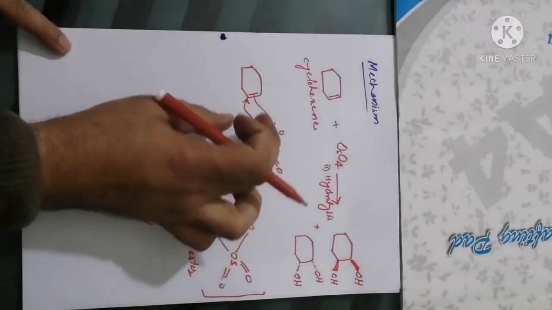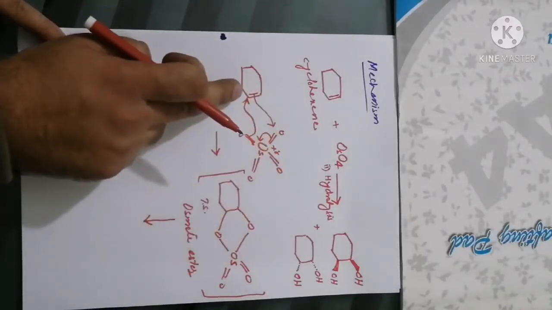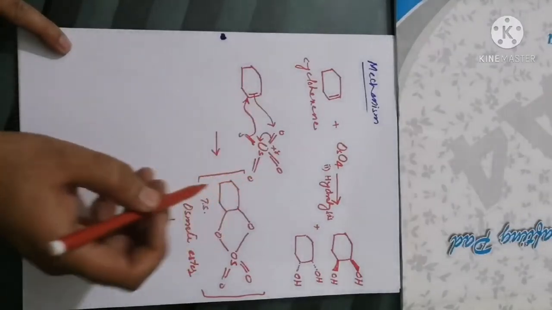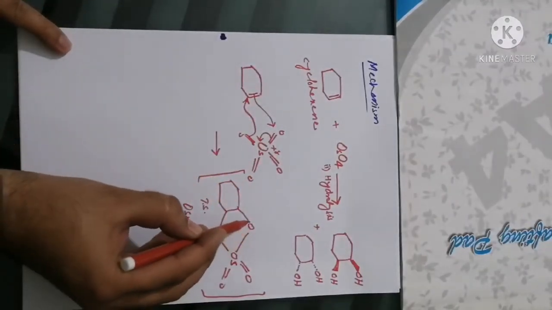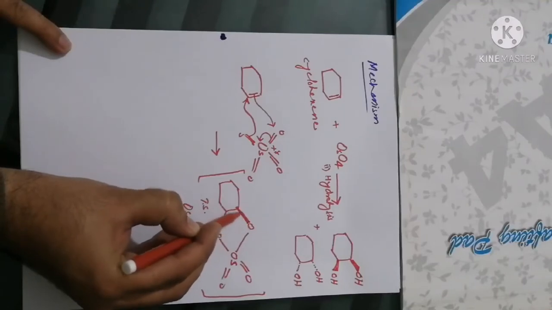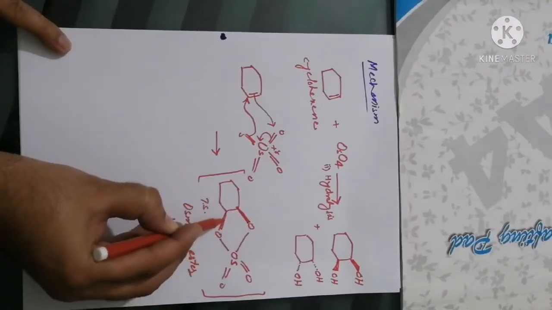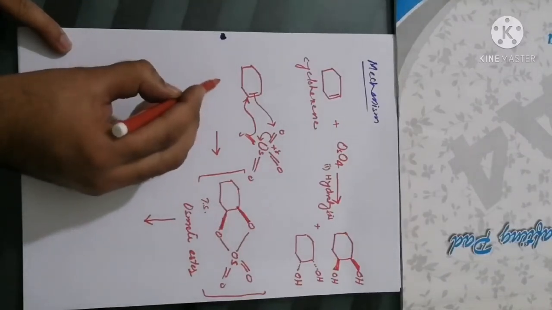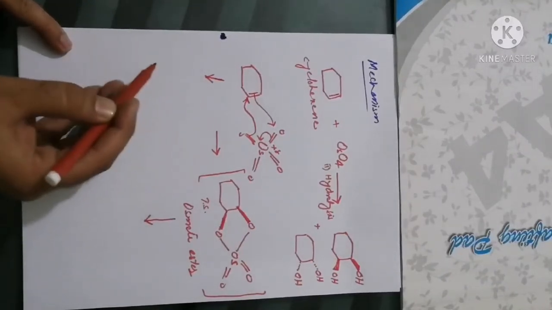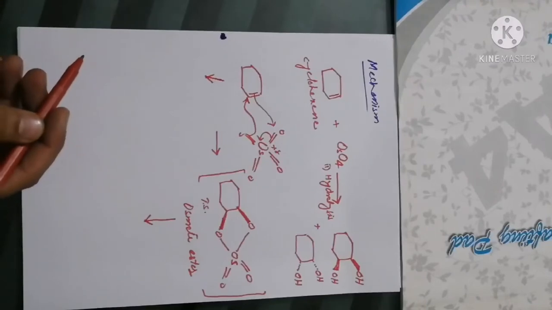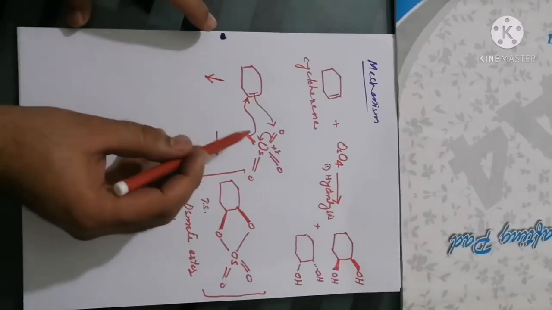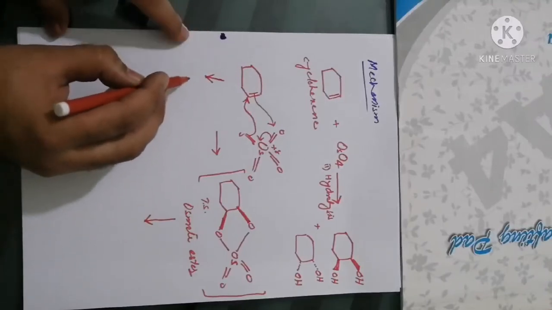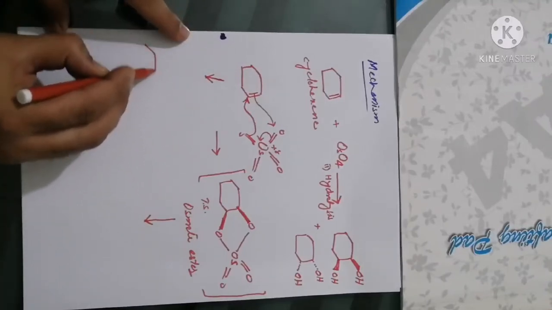This nucleophilic attack can occur from the upper side of the pi bond. So in this way we will get this diol from attack on the upper face of the double bond, or we may have another cyclic transition state where the attack occurred from the lower face. So I should draw another transition state like this.